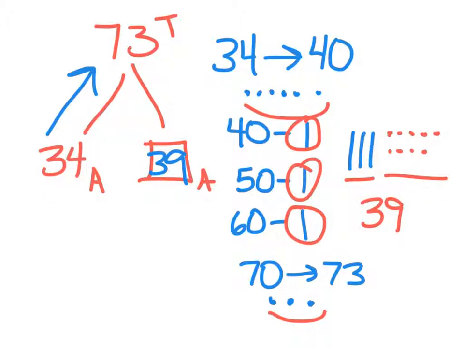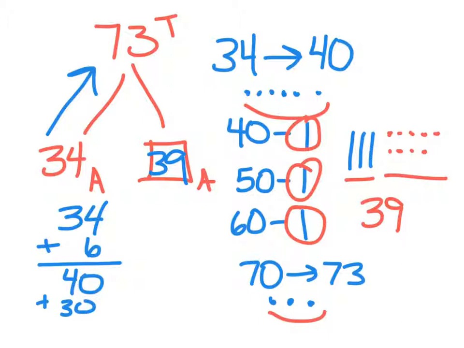Okay, there's a couple other ways that we can do this as well. We can start at 34 and we can add all the way up to 73. The easiest way to do this is to add until I get to 40. So I'm going to do 34 plus 6, which gets me to 40. Then 40 plus 30 gets me to 70.